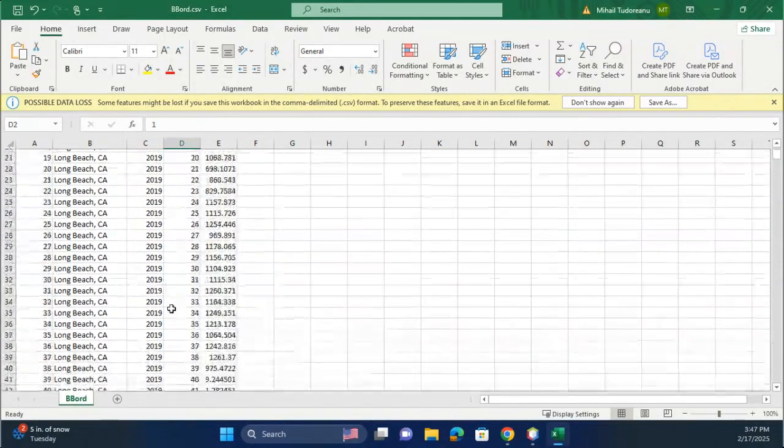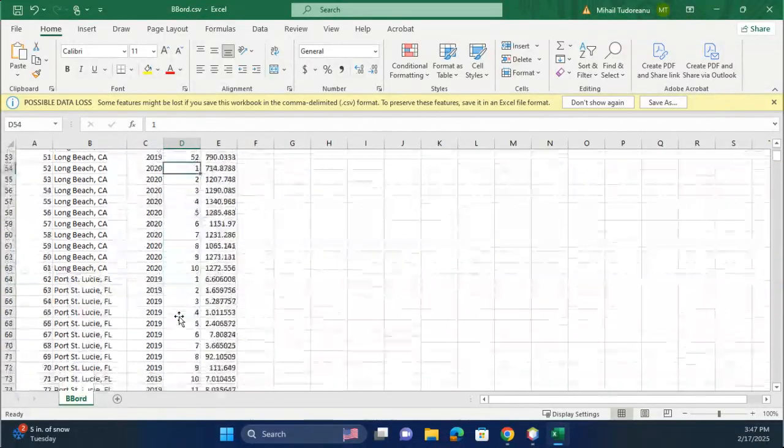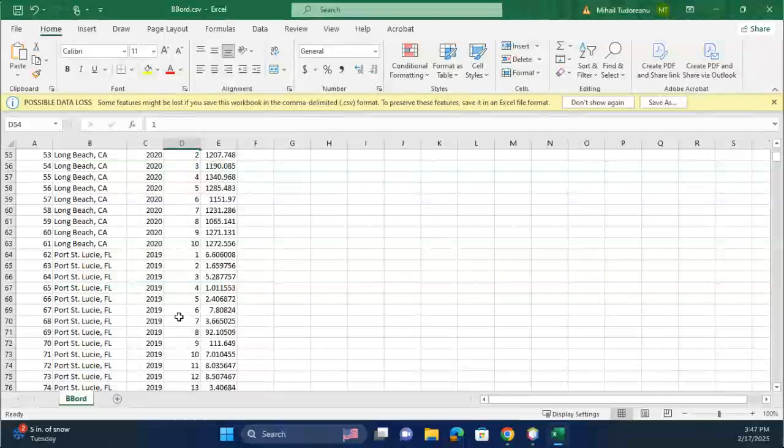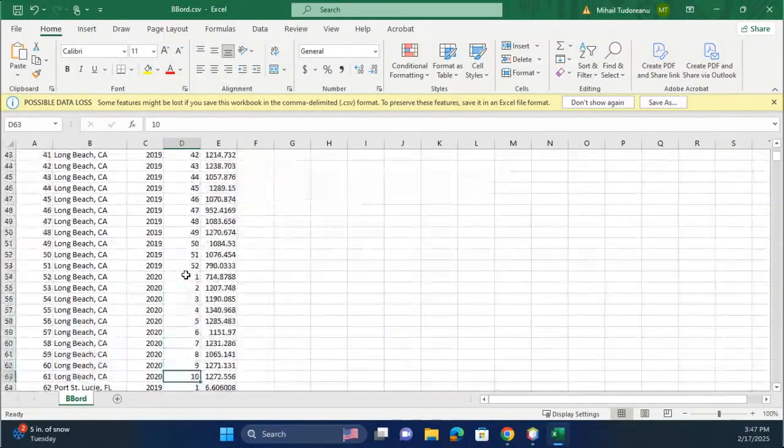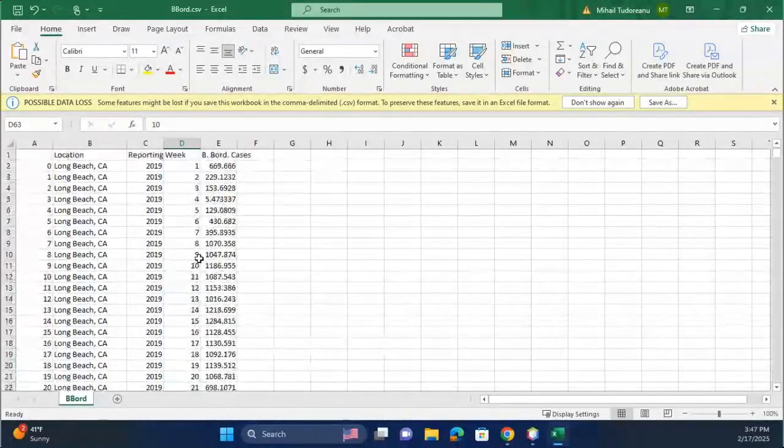It goes to week 52, and then the year 2020 only goes to week 10. So there's 62 weeks of continuous data in here. And apparently A is just a counter, so it's not significant.